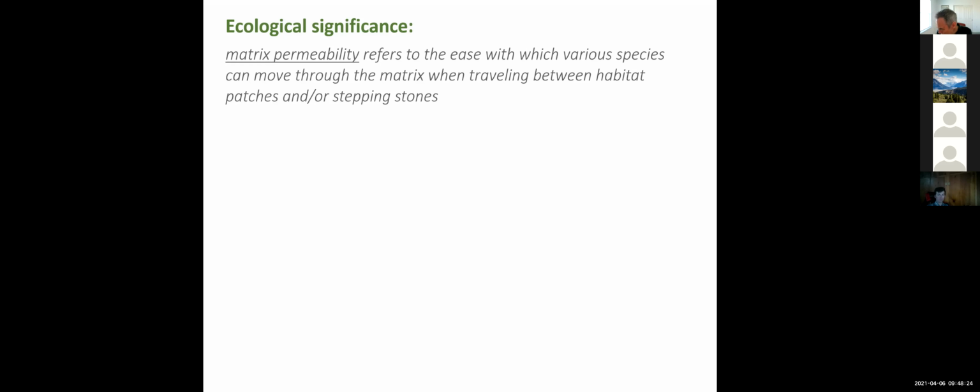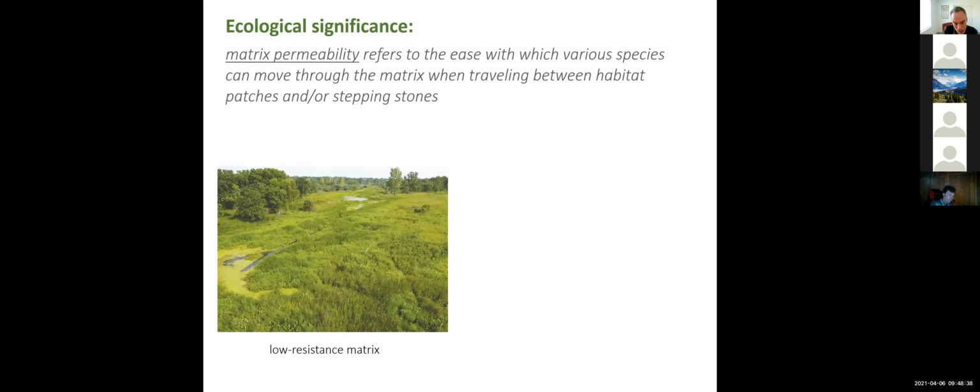And then that matrix permeability, in turn, is directly related to the level of contrast between the matrix and the habitat that's being studied. And that's led to the concept of matrix resistance. Right, so a low resistance landscape is one that facilitates high rates of dispersal between patches.